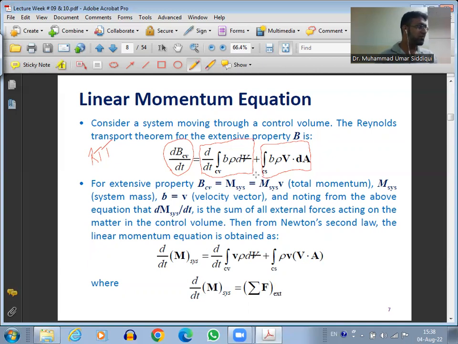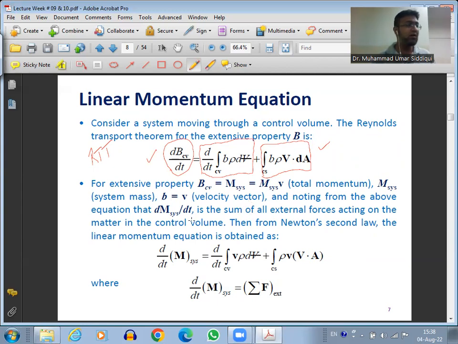So whatever change occurs in that volume, plus whatever change occurs at the boundary of that volume, is equal to whatever change occurs in the mass. When we are focusing on the mass, this is the Lagrangian concept on the left-hand side of the equation, and on the right-hand side we have the Eulerian concepts. Both terms are linked with the control surface.